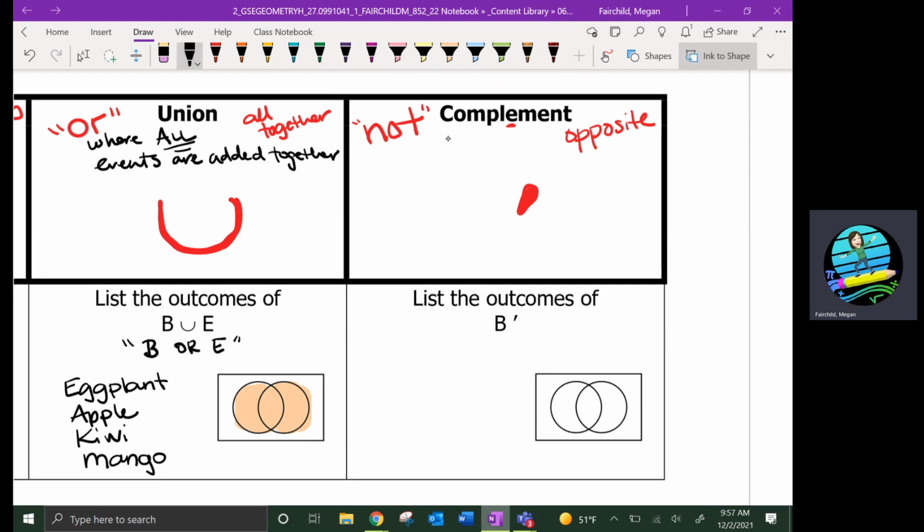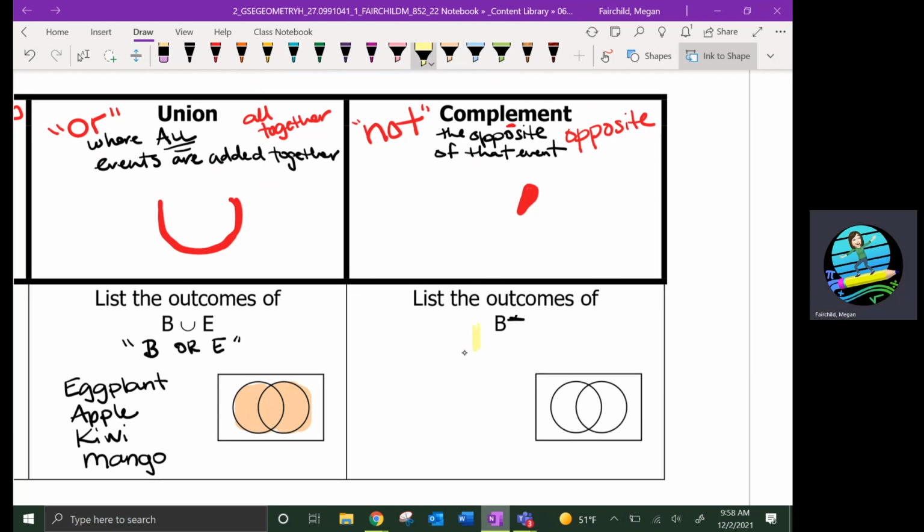So when you see the complement, it means the opposite of that event. So right here, you can see it says not B. That's how you read that.